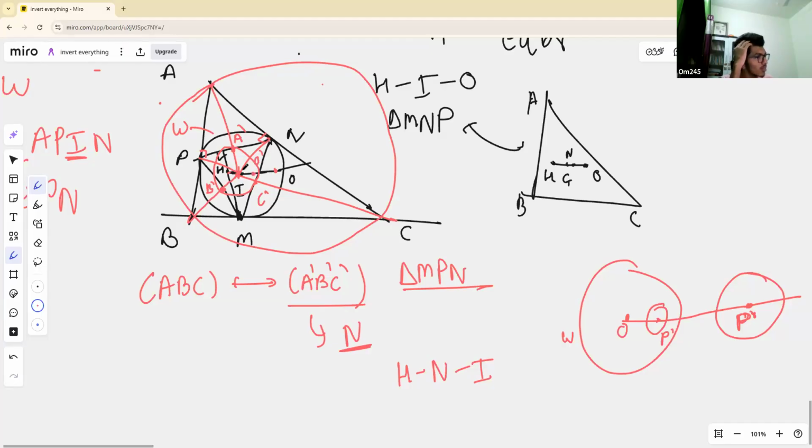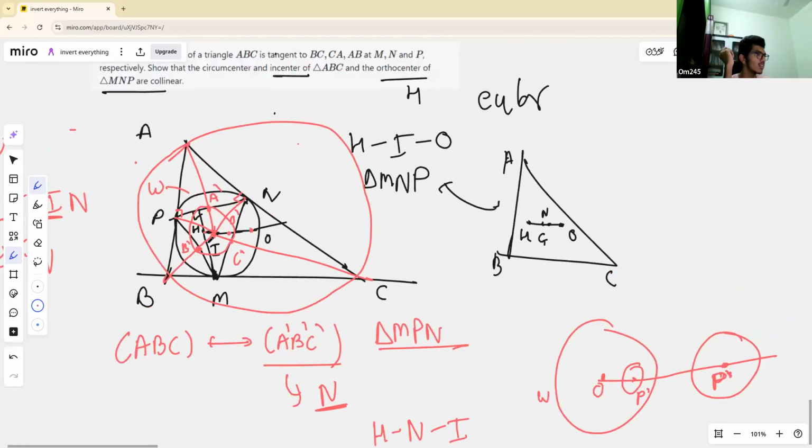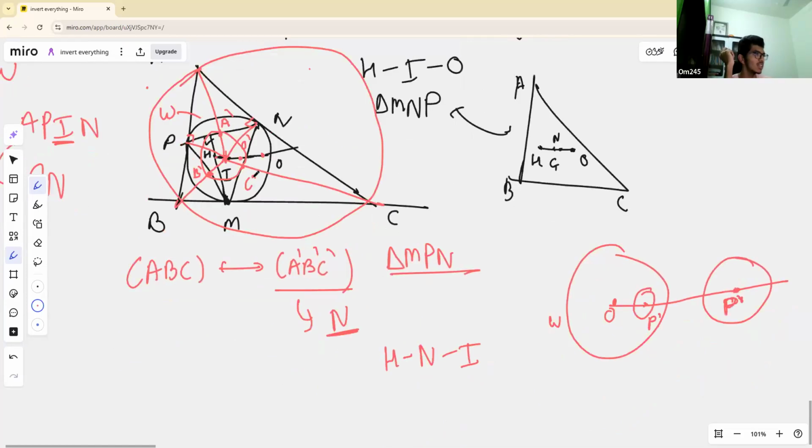But also the center of A dash, B dash, C dash should be collinear with it, so N, I, O dash are collinear. Because O is the center of ABC and N is the center of A dash, B dash, C dash.